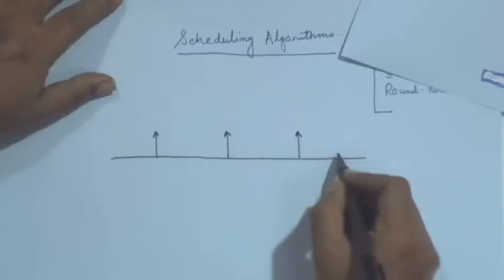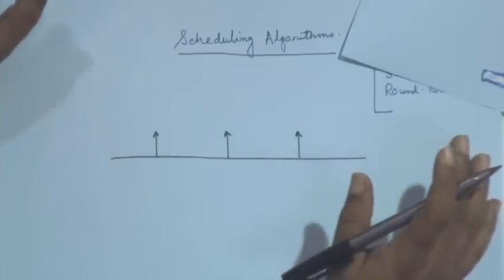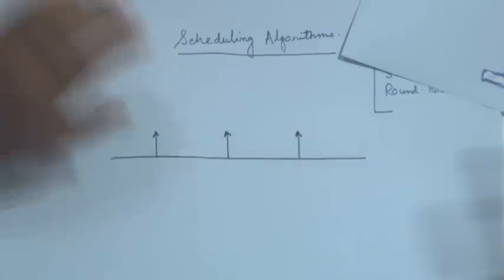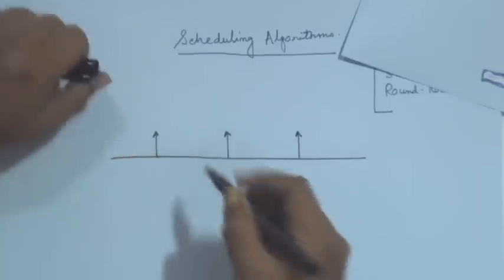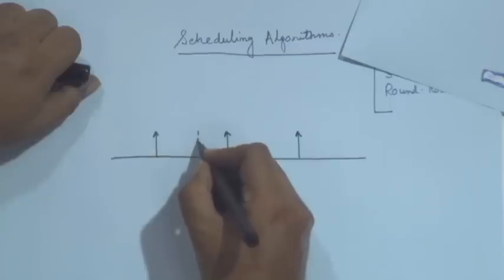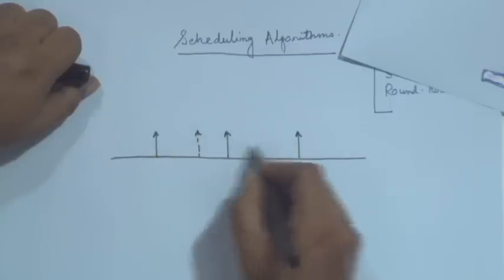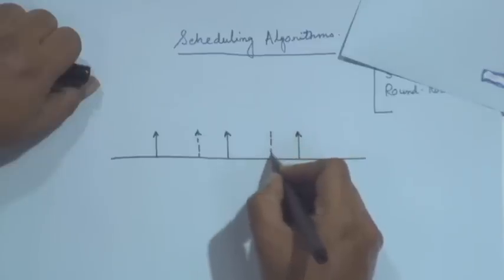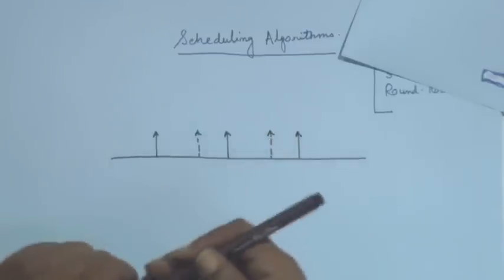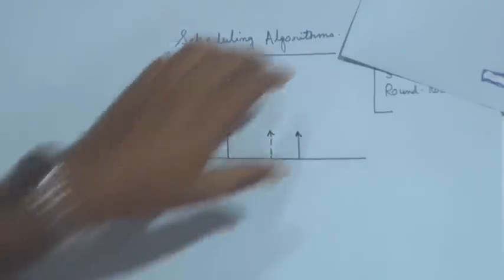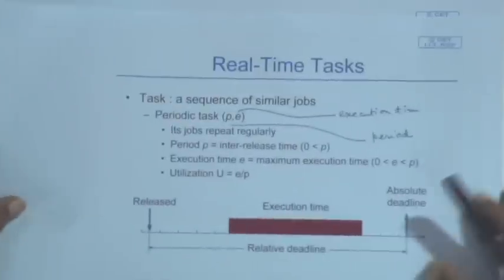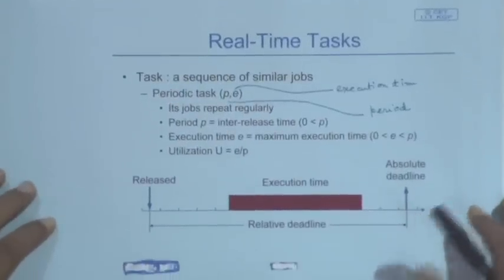If a task arrives at regular intervals, then it is a periodic task. This task could have been aperiodic if it had sometime appeared here, with a delay of 3 maybe, and sometime appeared here, like that. All right. Now, we are concerned with the periodic tasks only for the time being.